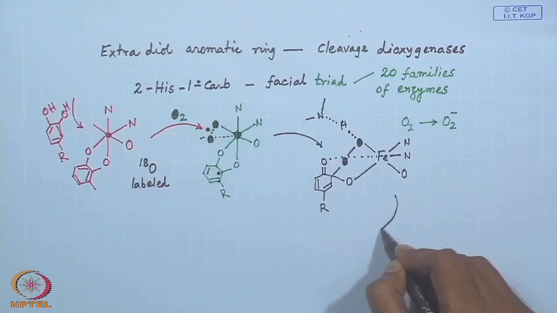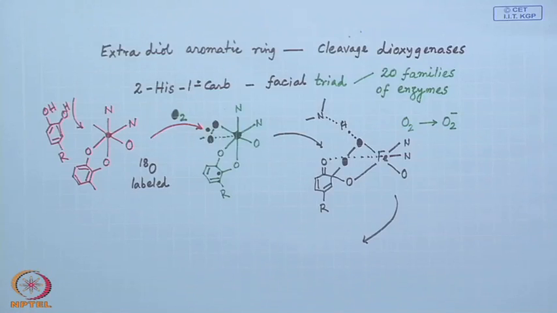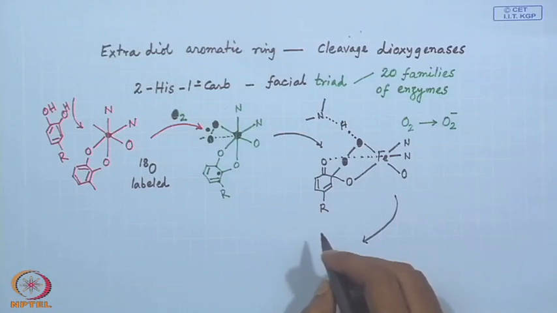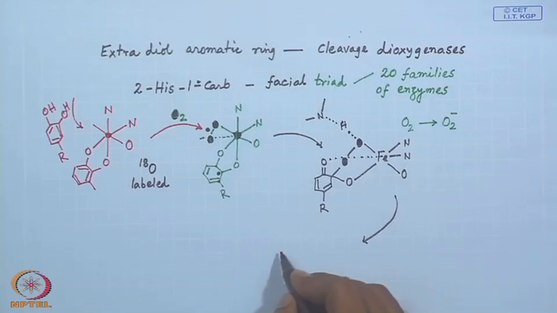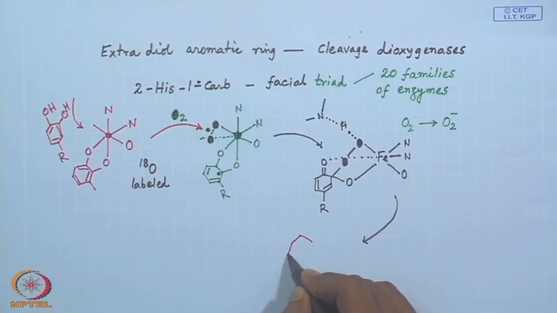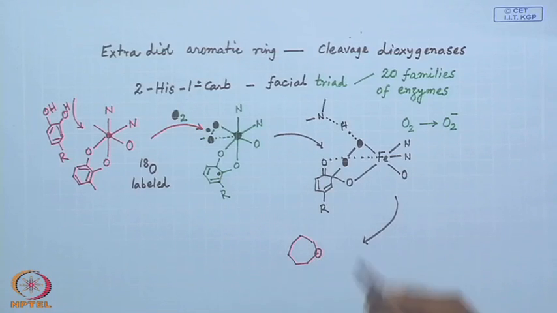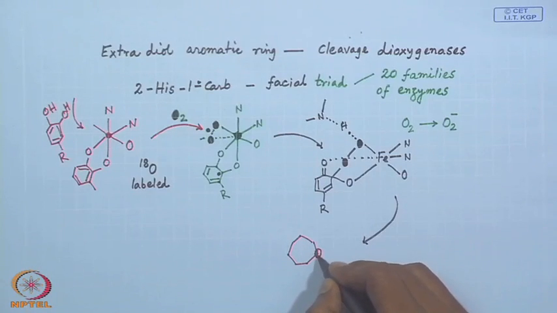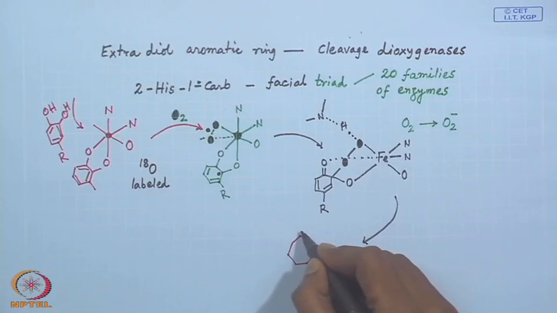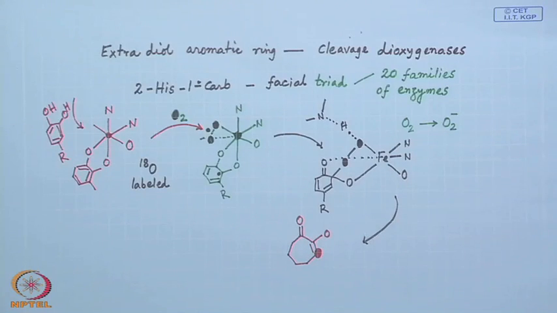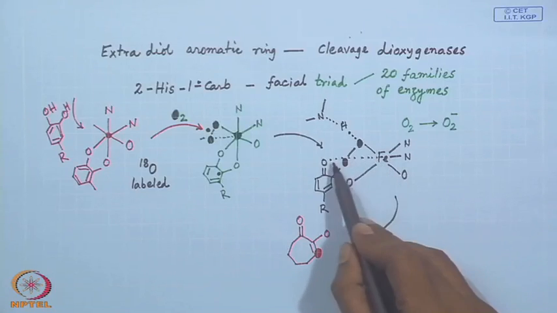Then in the next step you have the ring opening reaction, and that ring opening will give you a 7-membered ring with this oxygen inside. So, this was still bound to your iron.